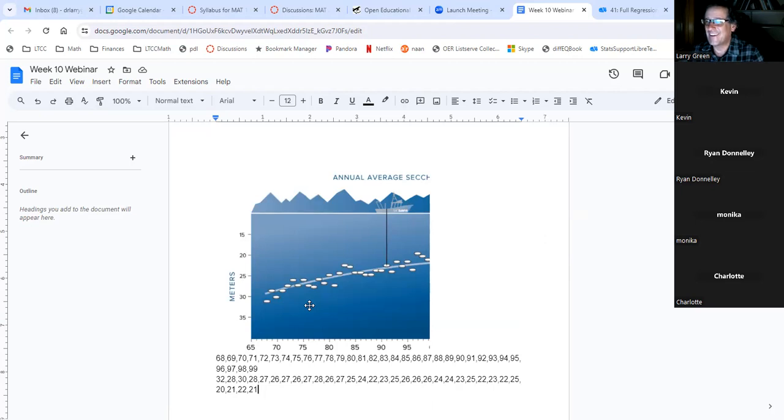Why do you think they used 31 days each year? Yeah, because they took the average of those 31 measurements. And then from that average of the 31 measurements, they plotted that point for the number of meters.